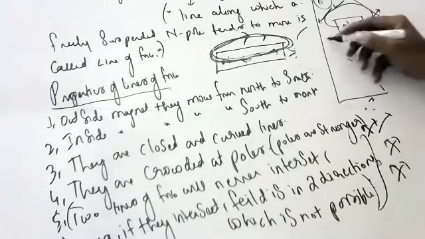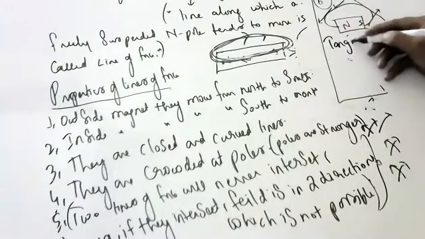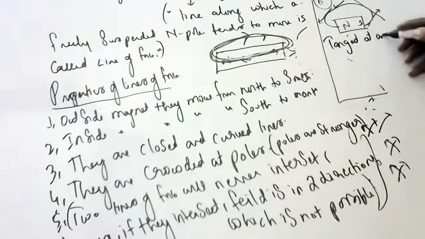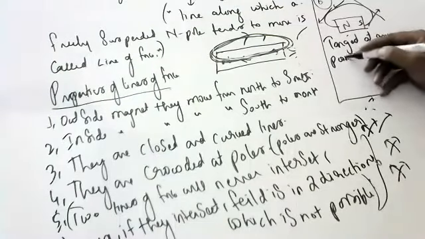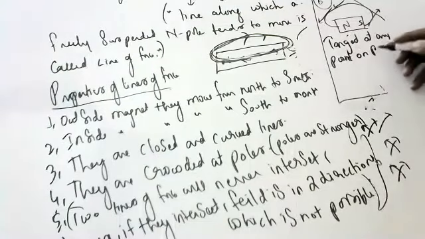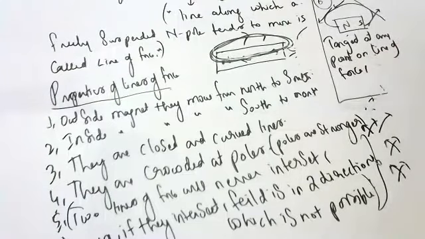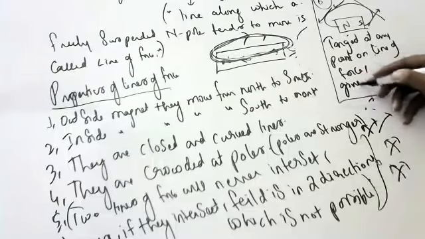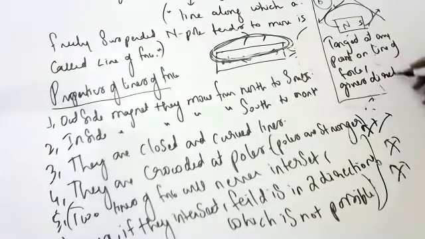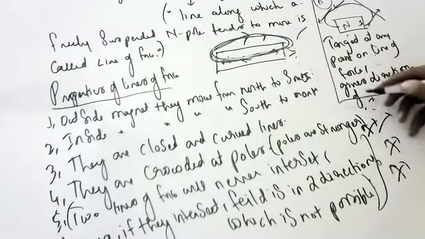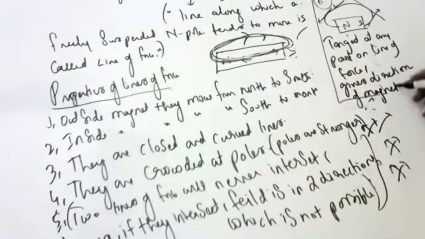So what you will say: the tangent at any point on the line of force gives the direction of magnetic field at that point.